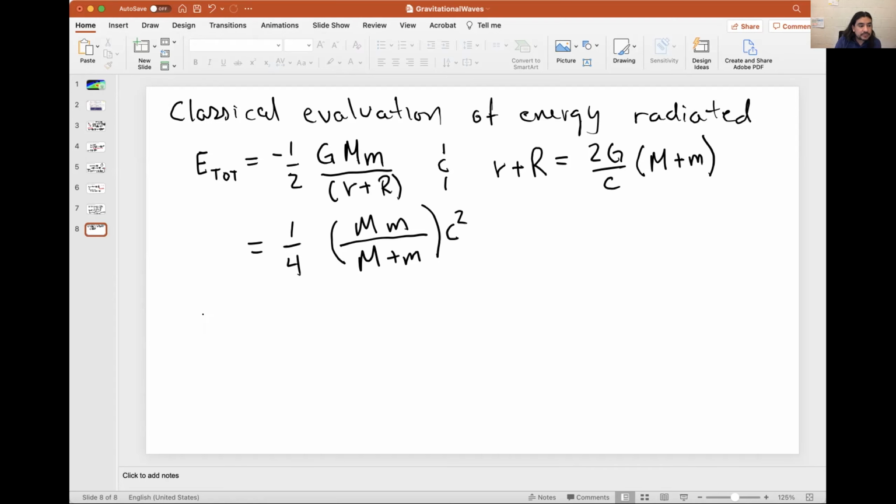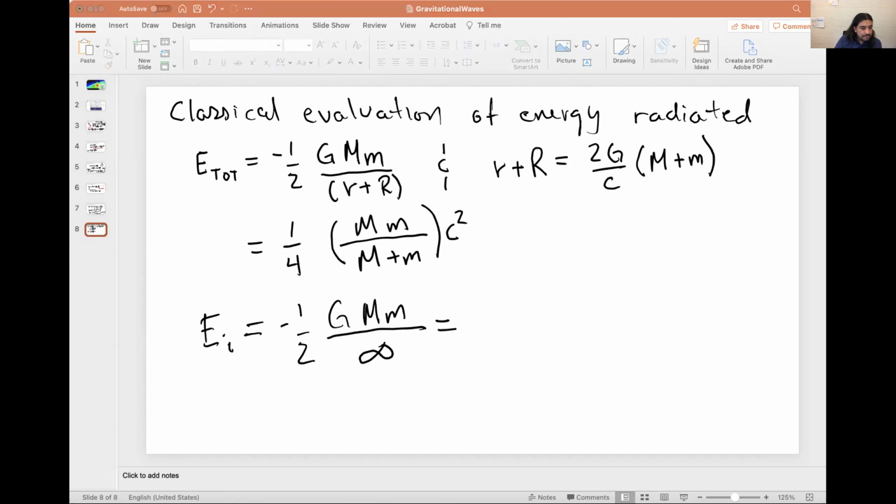So the initial energy is going to be exactly the same thing, right? Because these two parameters didn't change. But then this one is going to be infinity because that's the distance between the two. So that's what? Anybody? Arthur, what do you think? 0. Exactly, right?